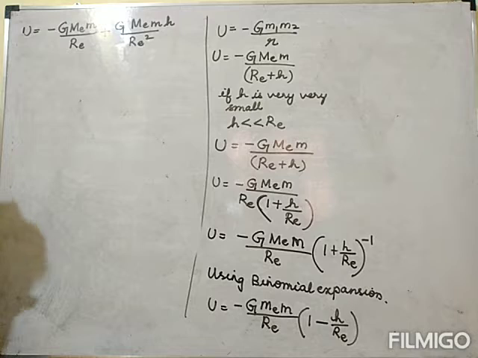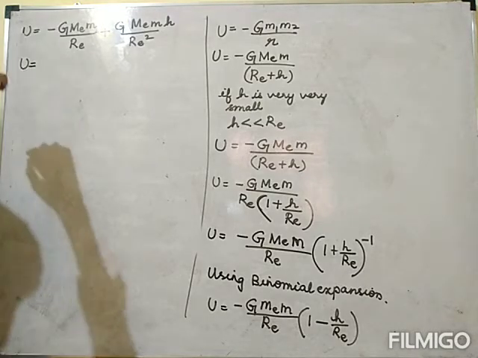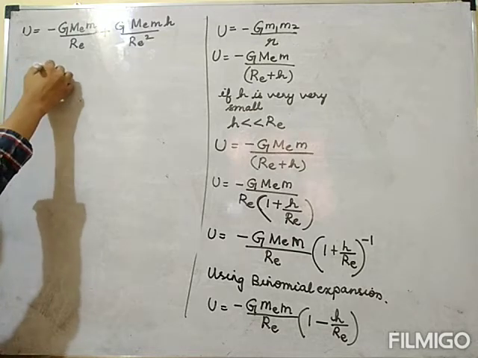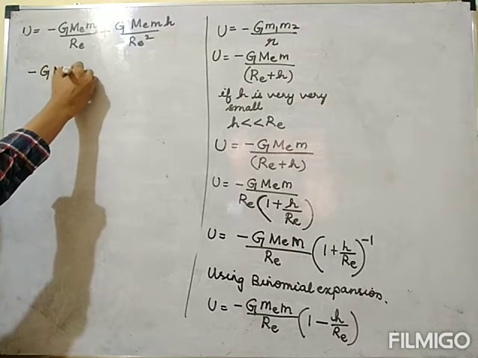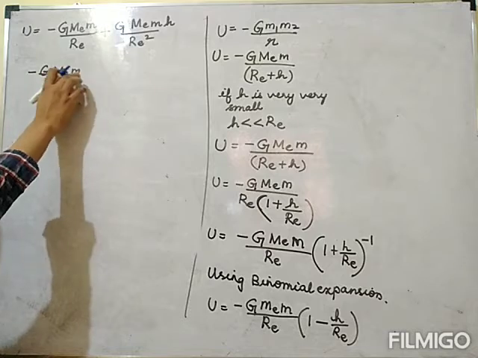Okay. Now U is equal to, I am going to write minus G Me into M divided by Re.